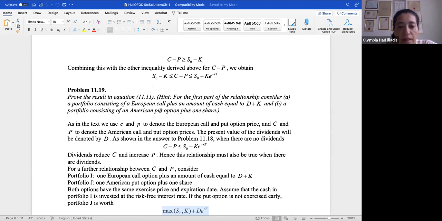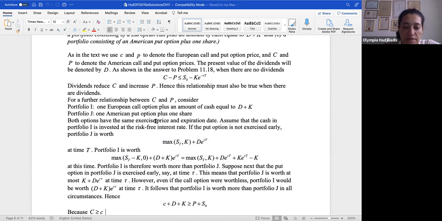So the next question is asking you to prove the result in equation 11.11. So let's go to equation 11.11 and remember what 11.11 is.